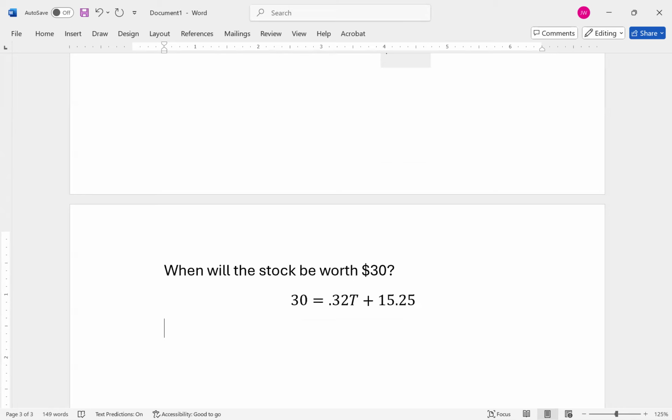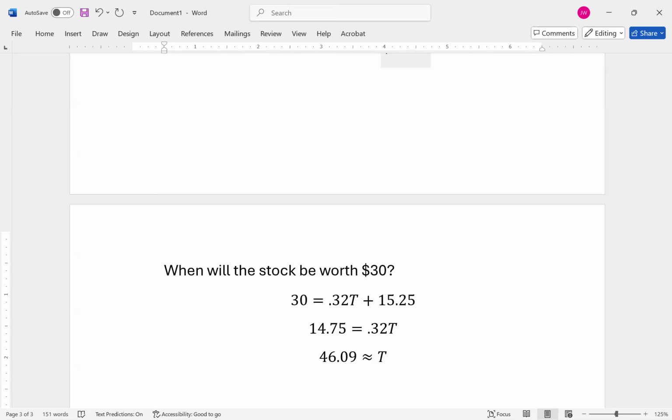In order to solve this, we would take 30 minus 15.25, and then I'd subtract 15.25 on the right-hand side as well. When I do that, I get 14.75 is equal to 0.32 times t. Then divide both sides by 0.32. When you divide both sides by 0.32, you get approximately 46.09 as the t value.